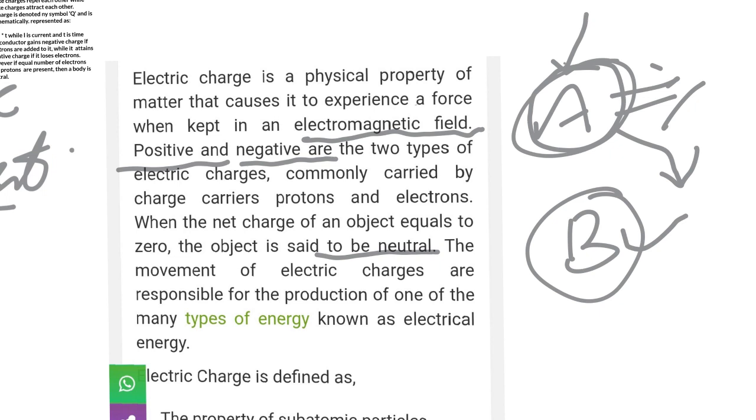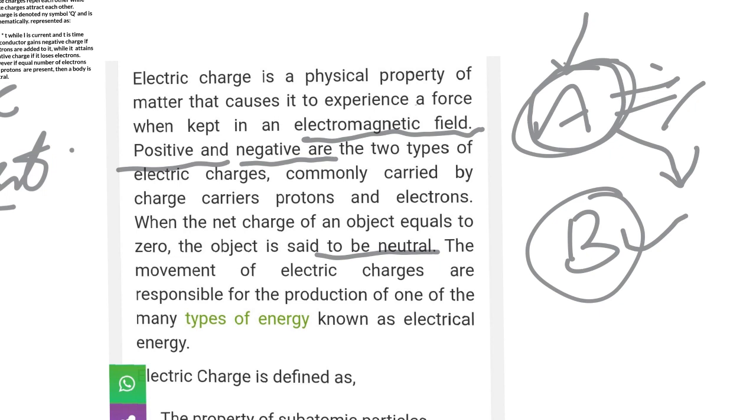If a body has both positive and negative charge, but in equal quantity, then the positive charge will cancel the negative charge, and overall the body will get zero charge. We can say the body is a neutral body.